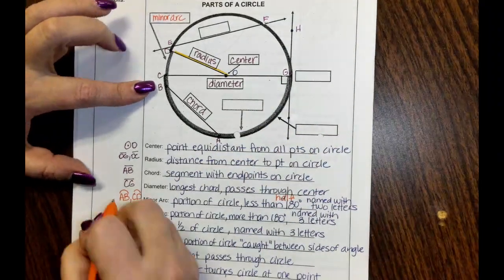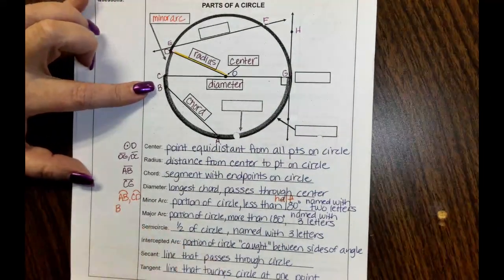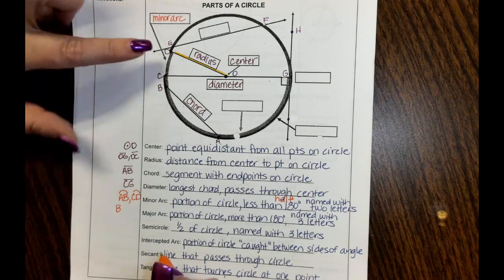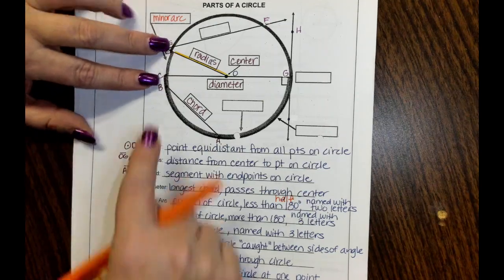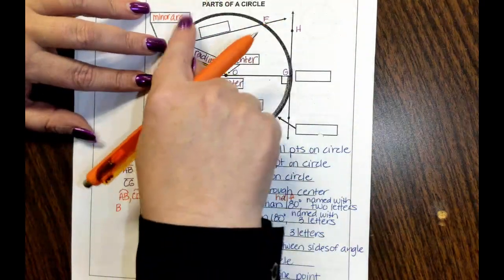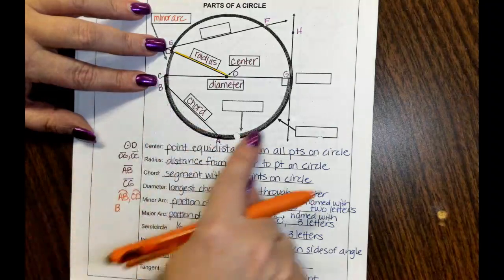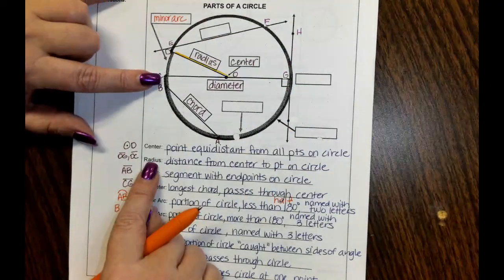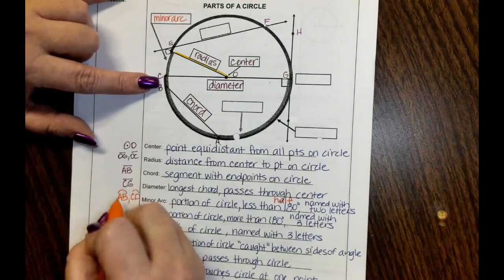So for instance, if I wanted to name this whole big arc right here, all the way around the circle, except for that one big piece, we want to start at C.